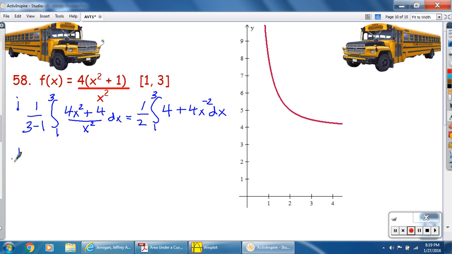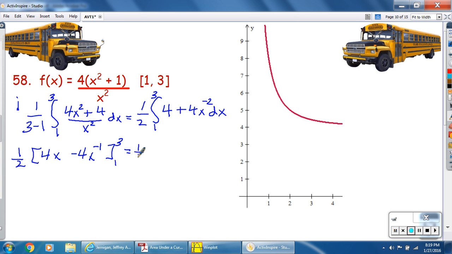So that is 1/2. And finding the antiderivative of 4 gives me 4x. Finding the antiderivative of 4x to the -2, if I increase the power by 1, I'll get 4x to the -1 divided by -1, which makes that minus, from 1 to 3.